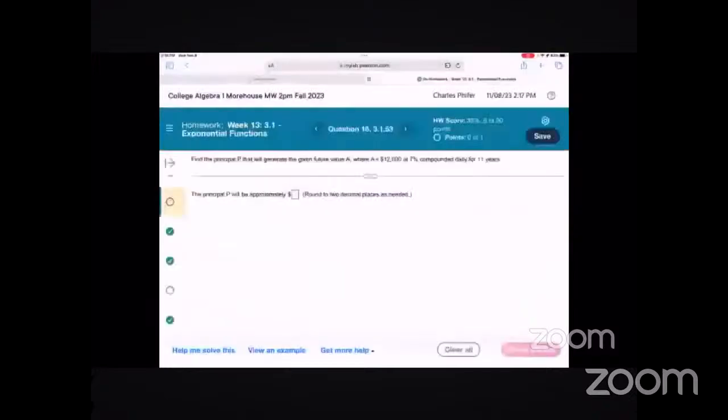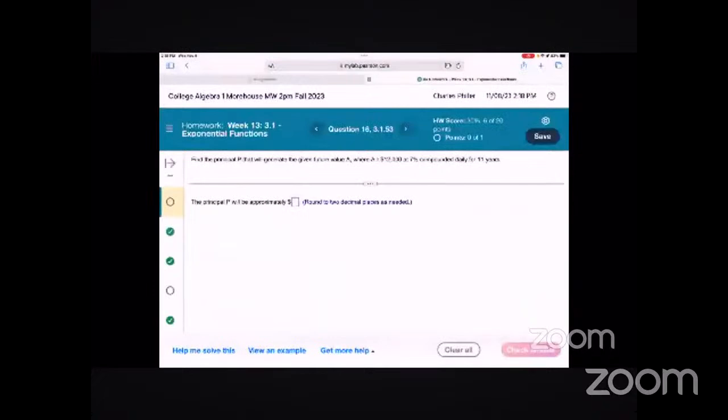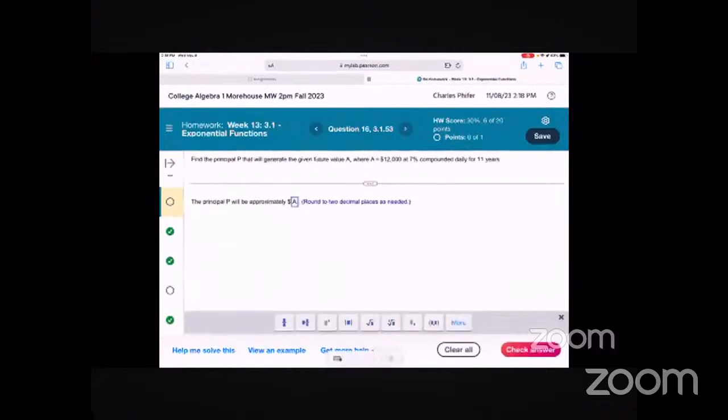Okay. Find a principal that would generate this future value. So compounded daily, so we're using our compound interest formula. The future amount is going to be the principal times 1 plus r over n, to the power of nt.